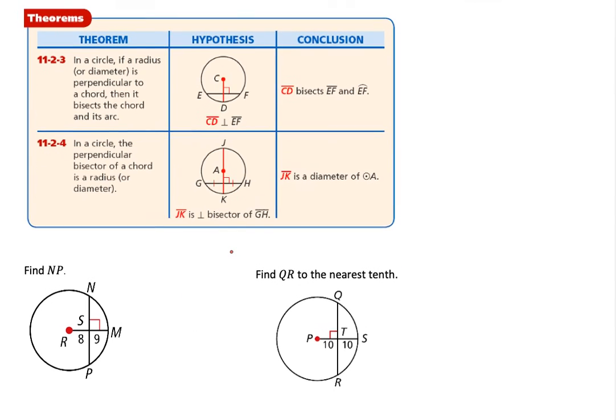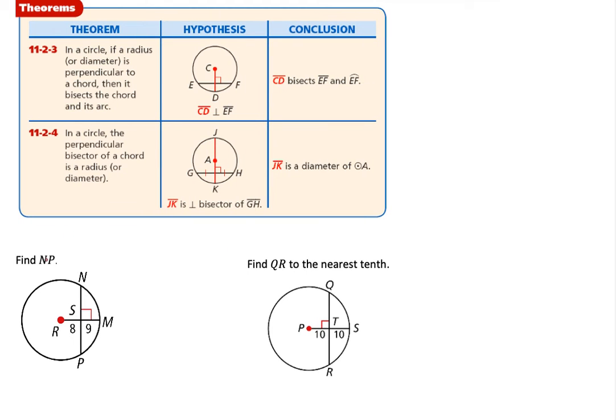Let's take a look at this one, where we need to find NP. Well, as we know, this is a right angle here, which means that we have a bisector, meaning this length is equal to this length, okay? So what we can do is we can draw ourselves a little right triangle right here.